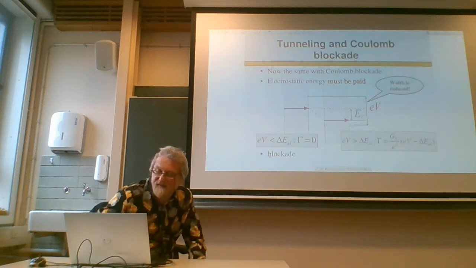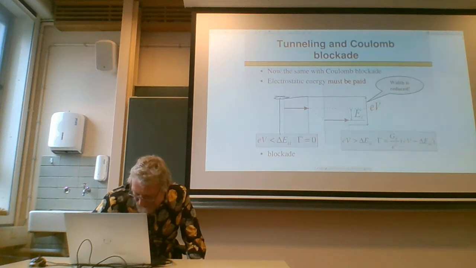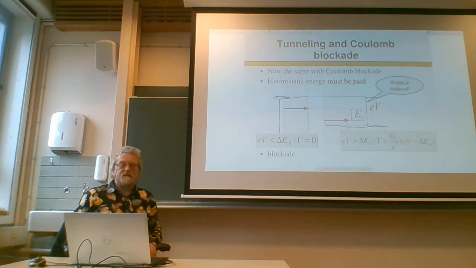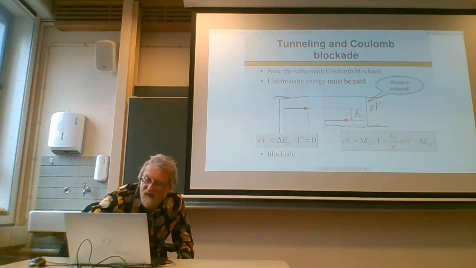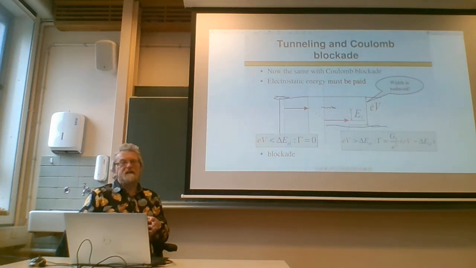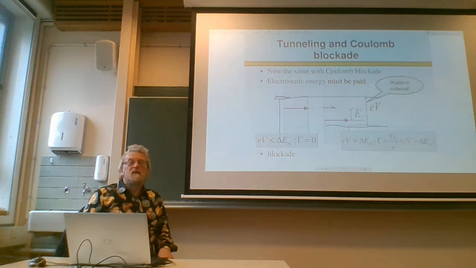Let us see again the same situation. Here electrons are occupied up to this level. This energy strip seems to be available for tunneling. Without Coulomb blockade, electrons would go at the same energy. But if there is Coulomb blockade, they charge the island where they go.